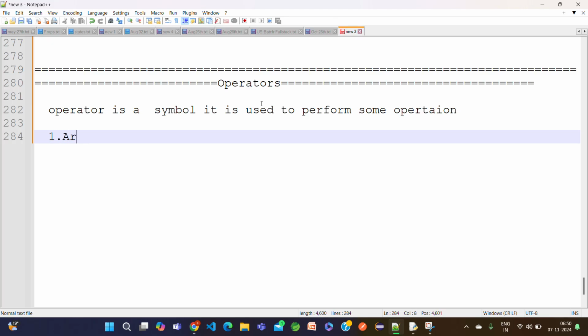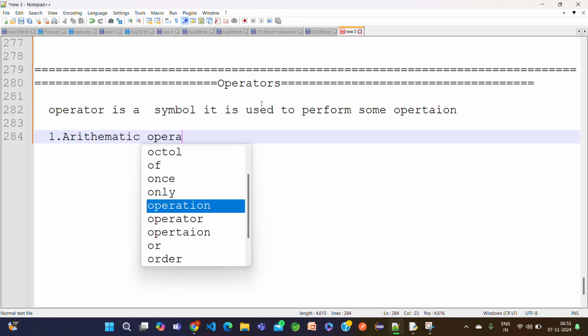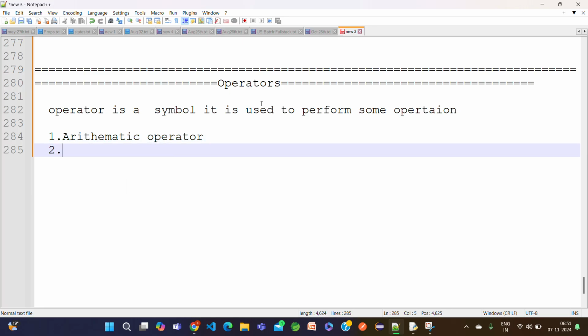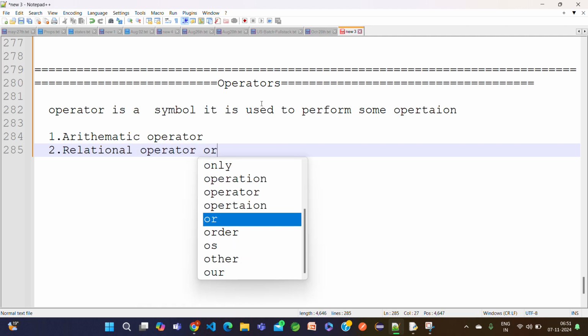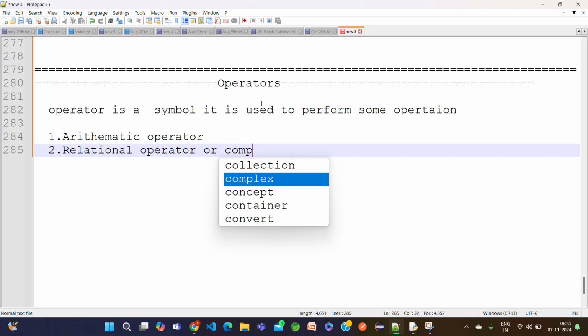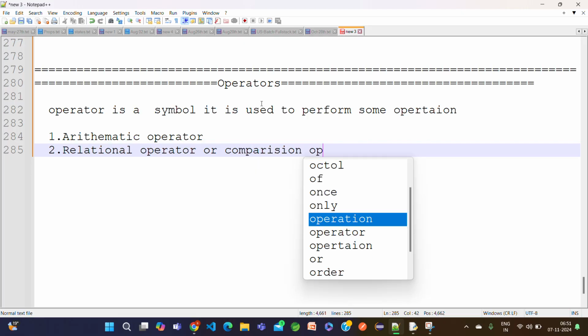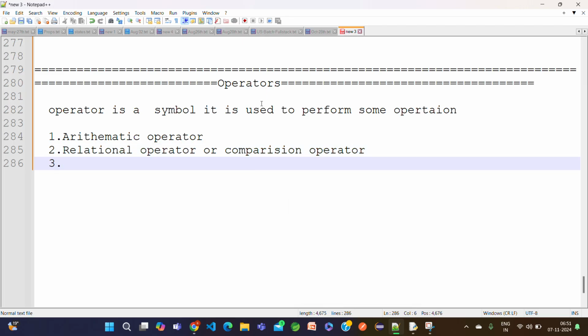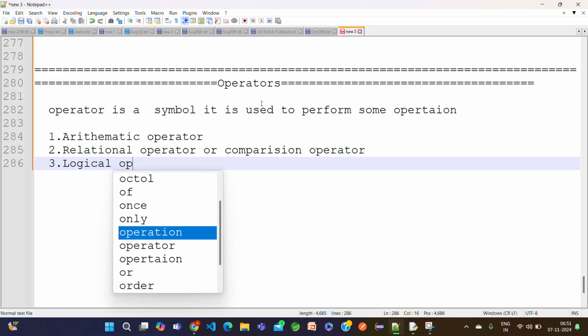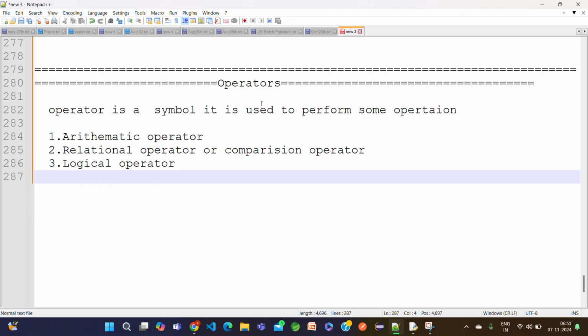The first one, arithmetic operator. Second, relational operator, or we can say comparison operator. Third, logical operator. The fourth, bitwise operator.